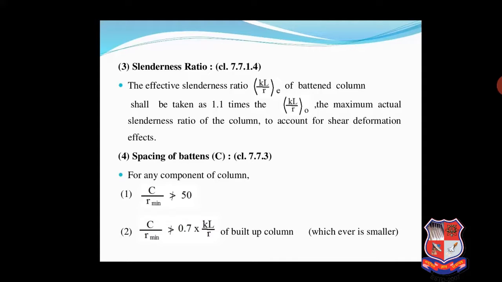Second, C upon r minimum not greater than 0.7 times KL upon r for the built up column. Here you have to note that for a built up column, KL upon r should be calculated about the ZZ axis, because it is the major axis of that built up column. Of these two criteria, whichever is smaller, take as the value of C.